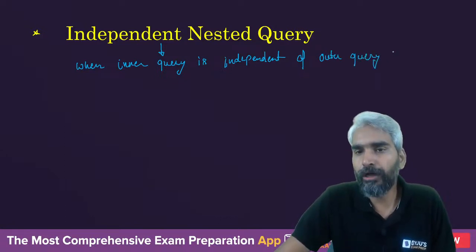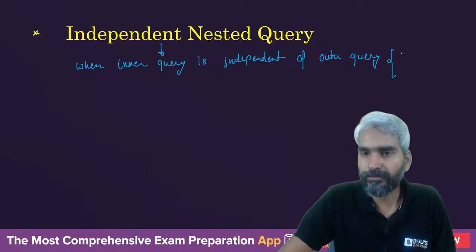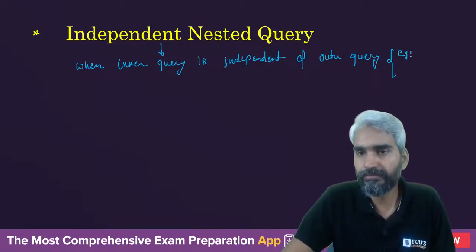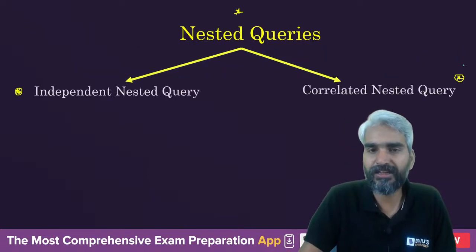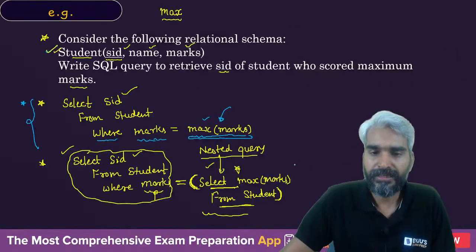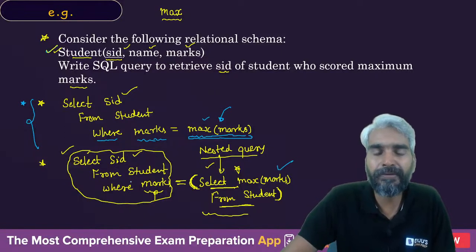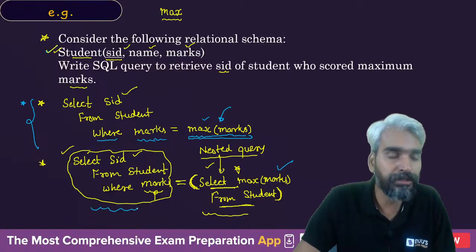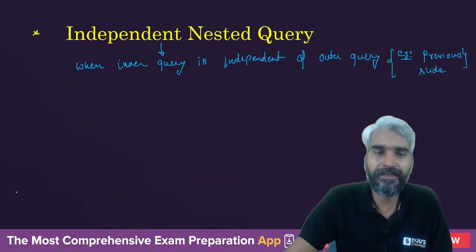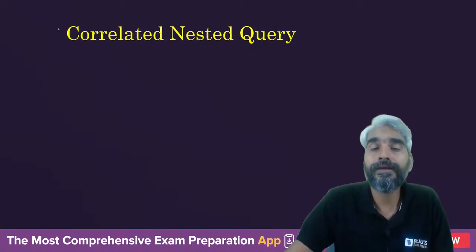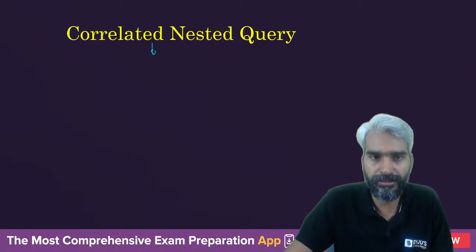I'll explain both the types of query all together. So the example from the previous slide is an example of an independent nested query, because in the previous slide, the query can be executed independently. It is not dependent on the outer query. That's the first thing. So, sir, if this type of query is an independent query, then what do you mean by correlated queries? We will discuss the two things together.